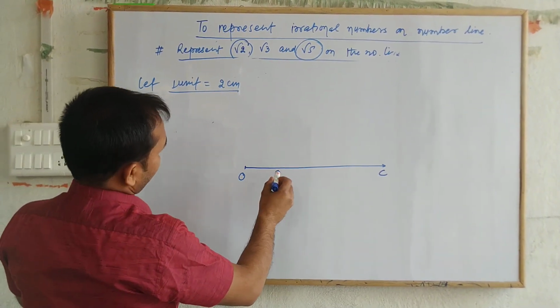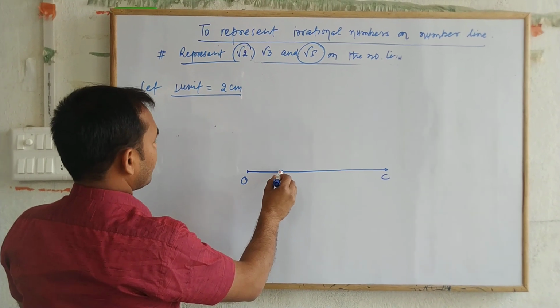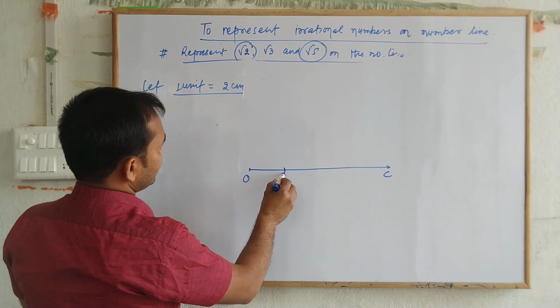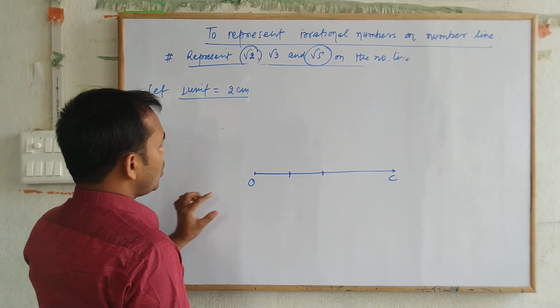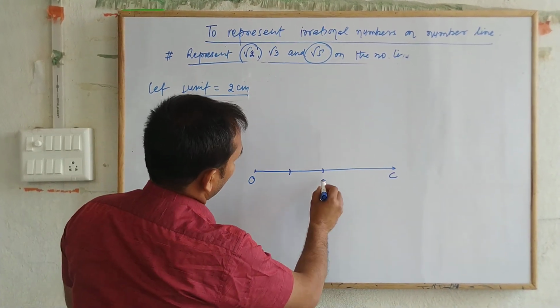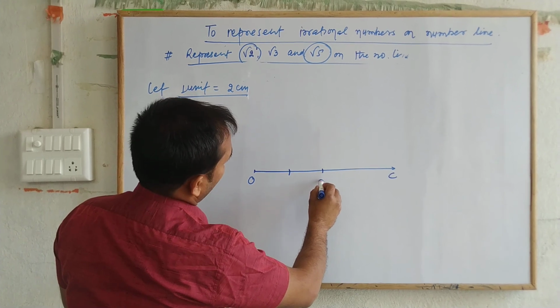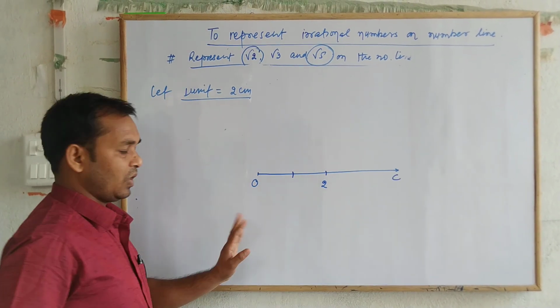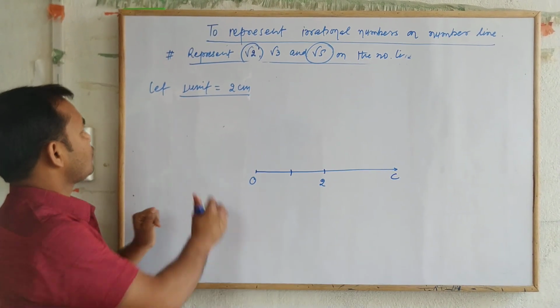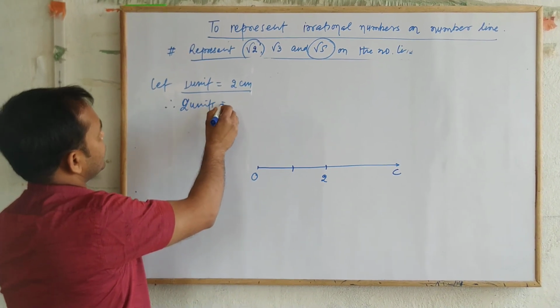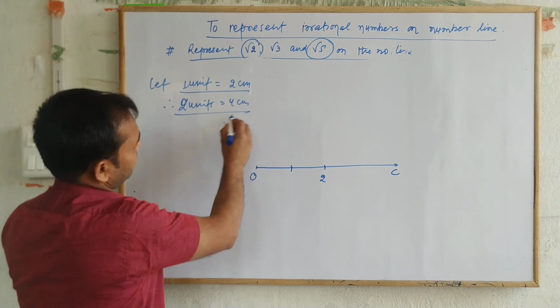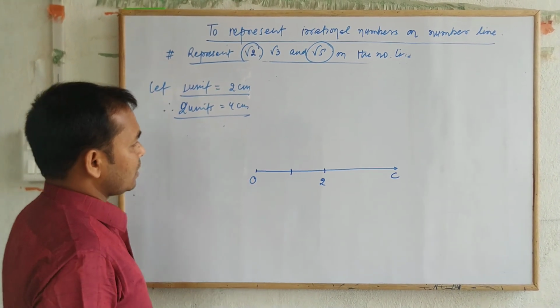So first take 2 units. 1 unit is equal to 2 centimeter, so 2 units is equal to 2 2s are 4 centimeter. So this is 2 unit.